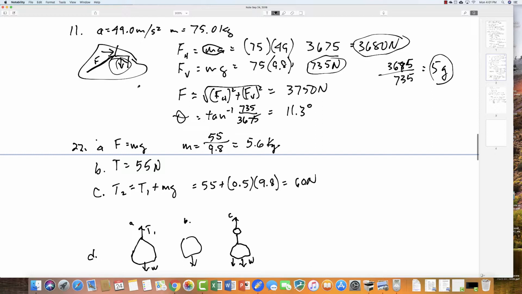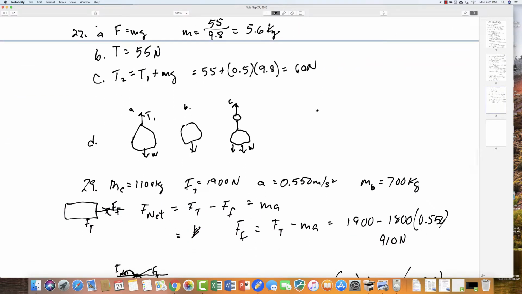So that's the tangent of the angle between the vector and the horizontal. When you do the math here, it's 11 degrees vertically from the horizontal, or up from the horizon, so to speak.